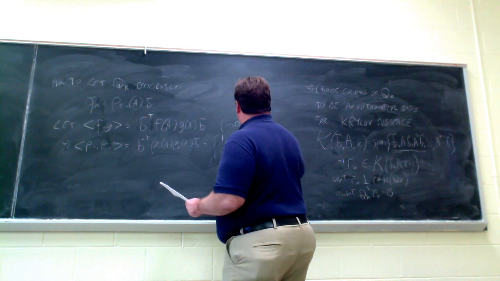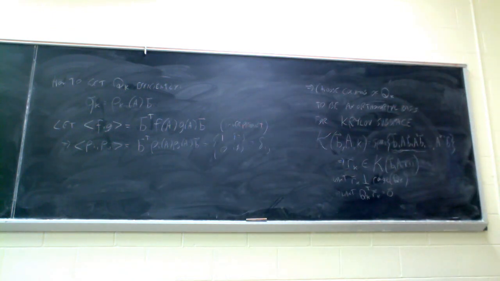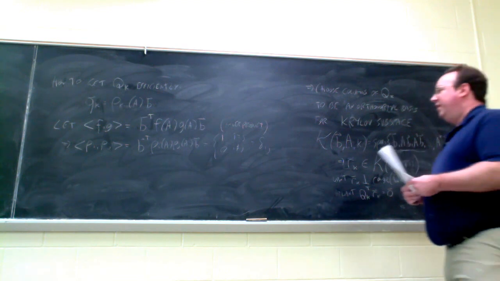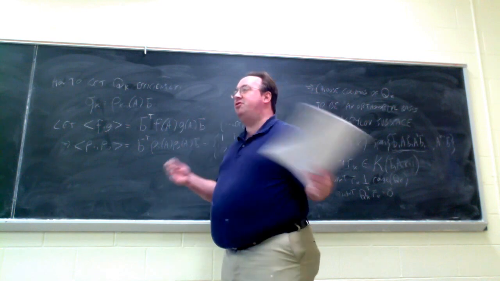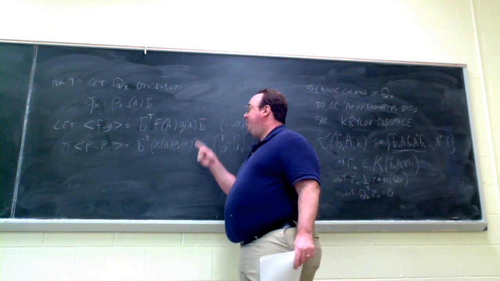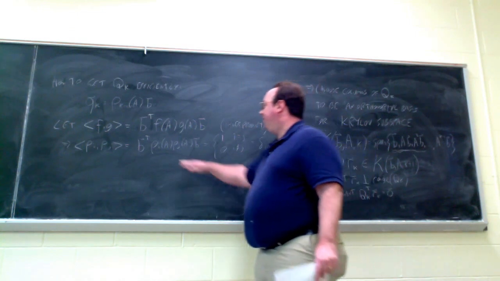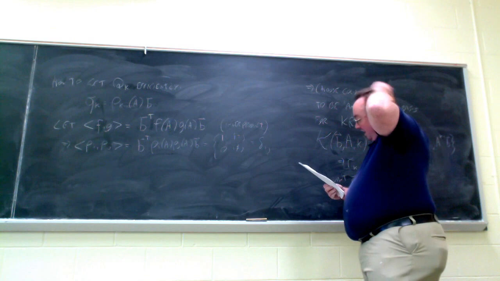That is the Kronecker delta. So I try to find a sequence of orthonormal polynomials that will give me orthonormal vectors. The vectors are orthonormal with respect to the traditional dot product. These polynomials are orthonormal with respect to this inner product.